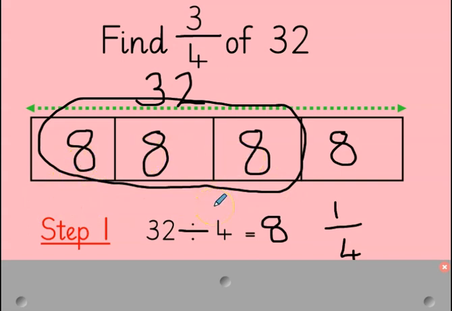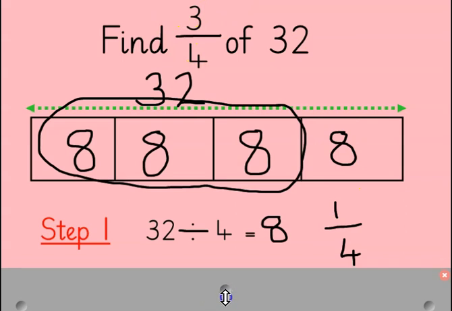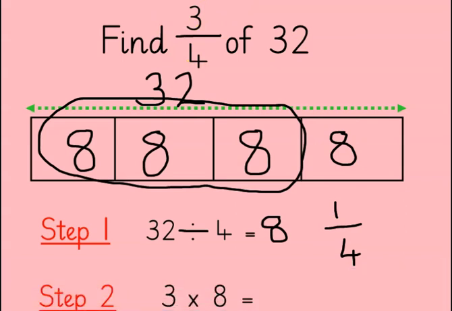Or an easier way of doing that is saying 3 times 8. And look what I've done. I've actually multiplied my answer to 1/4 by the numerator at the top. And if we go to step 2, we are actually going to do 3 times 8. And the answer, we should all know, is 24.